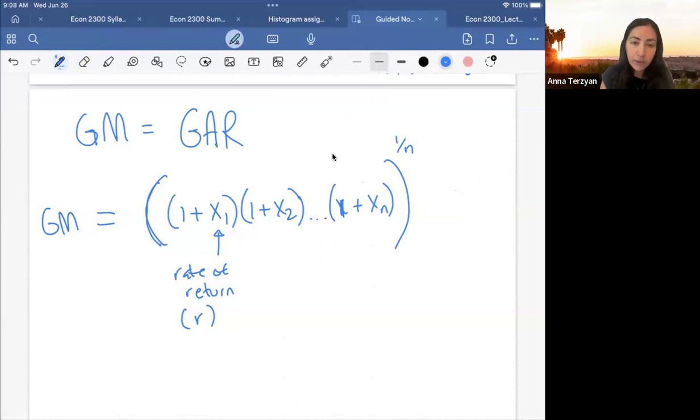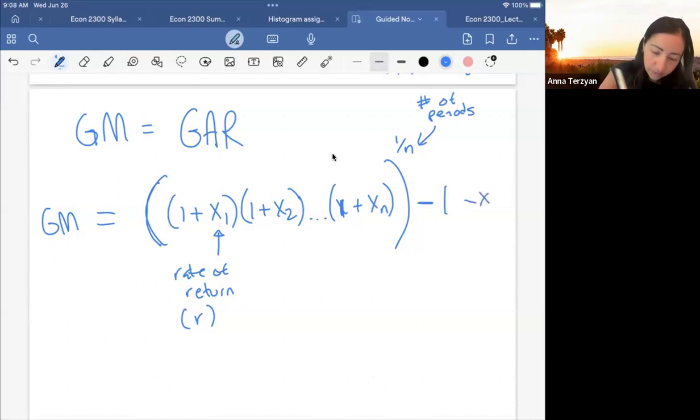N is going to be the number of periods of compounding, so the number of periods in our sample of compounding. And then you're going to subtract 1 from that, and multiply it by 100. Okay, that's kind of the procedure.